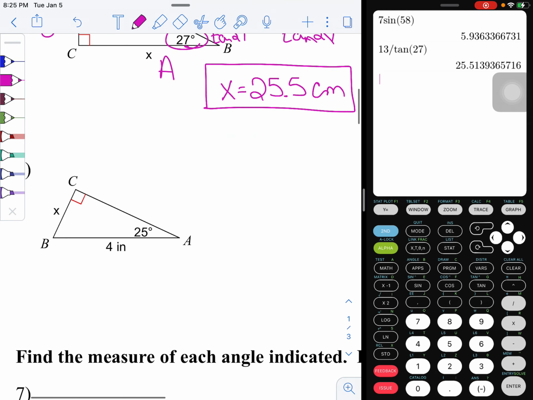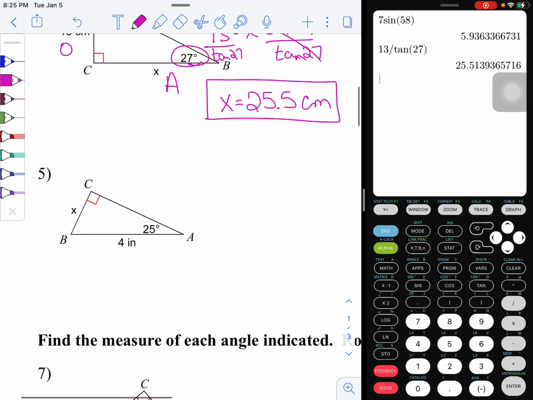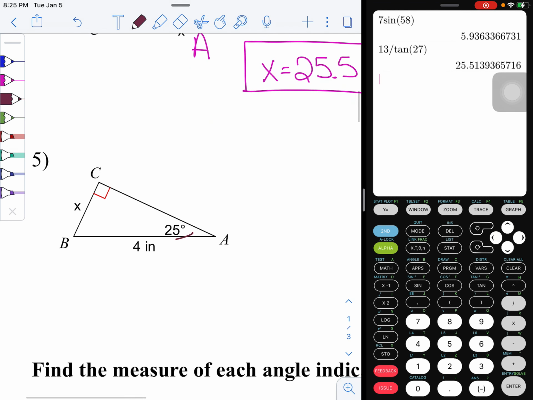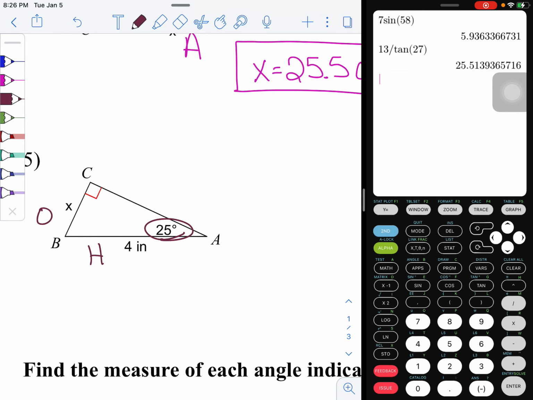All right. Sliding on down to number 5 here. Let's see, we've got a 25 degree reference angle. We're going to go opposite for x, hypotenuse for 4 here. So this is going to be the sine of 25 equals x over 4. Let's go ahead and cross multiply here.